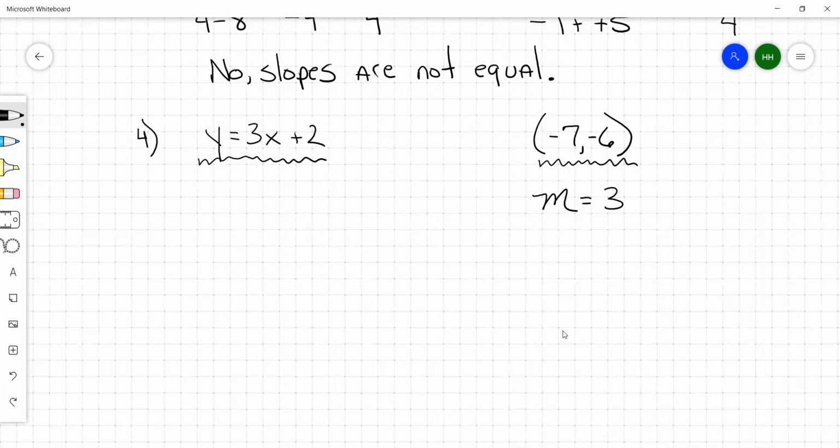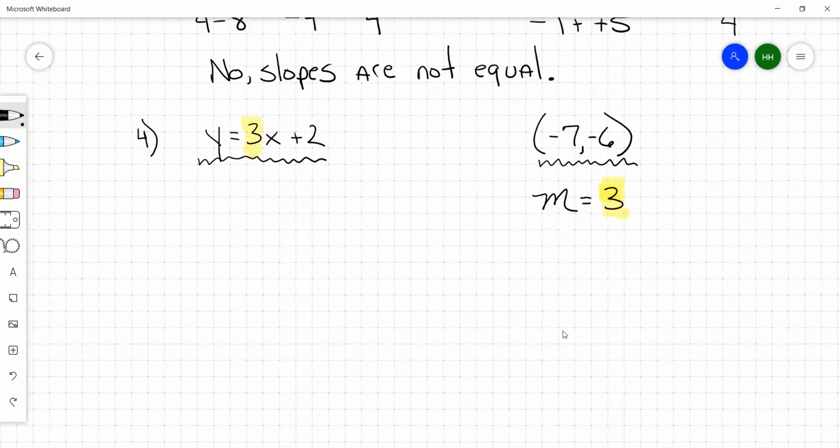That's because the slopes of parallel lines are the same. Here's the slope of the first line. It's between the equal sign and the x, right here. If the lines are parallel, this has to be the slope of the second line because the slopes have to be the same. They want it in point slope form. We've already done that a few times today.